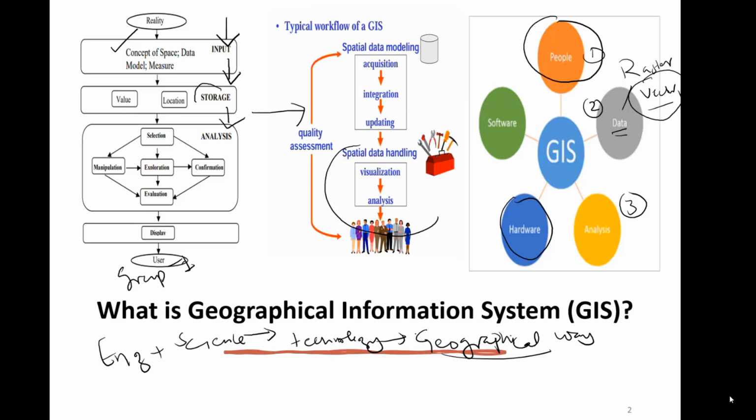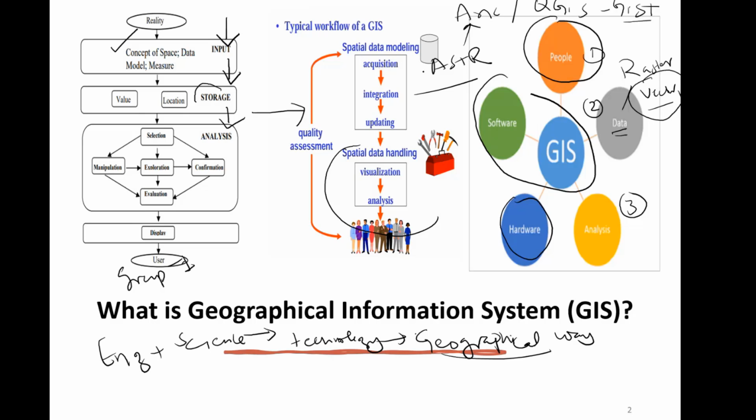And then we have the software. GIS is the software which requires specialized data, which we call ASTDR, which also includes ArcGIS along with QGIS, and also different versions of GIS as well.